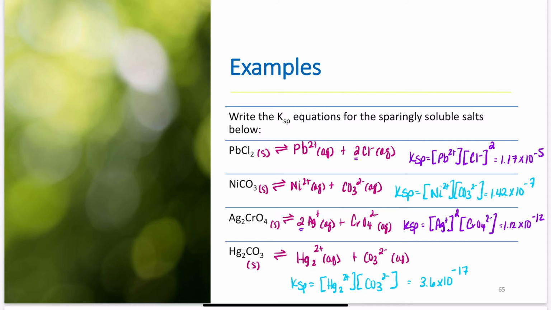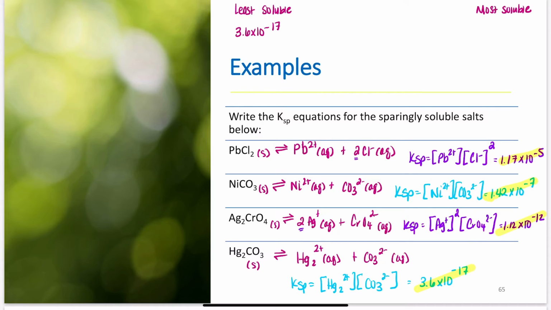Now, if you look at these numbers, you should be able to rank the solubility from most soluble to least soluble, by the numbers. 1.17 times 10 to the minus 5, 1.42 times 10 to the minus 7, 1.12 times 10 to the minus 12, and 3.6 times 10 to the minus 17. 3.6 times 10 to the minus 17 is the least soluble.